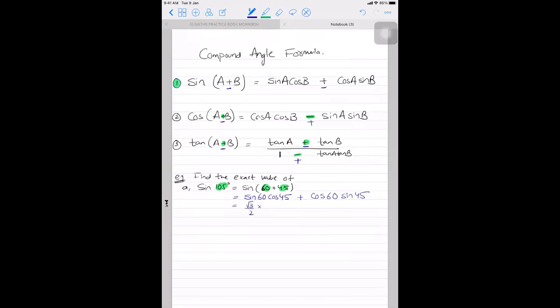Cos of 45 is 1 upon root 2; if you use a calculator, you will get root 2 upon 2 too, it's the same thing. Cos 60 is 1 upon 2 and sin 45 is again 1 over root 2. So if we solve this, what is the final answer? This is root 3 upon 2 root 2 and this is 1 upon 2 root 2. If you add them by making the denominators common, this is going to be root 3 plus 1 over 2 root 2.